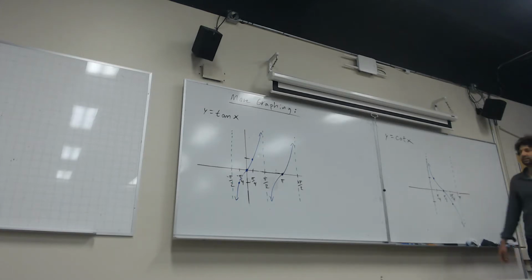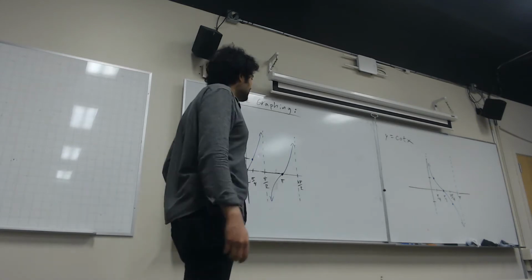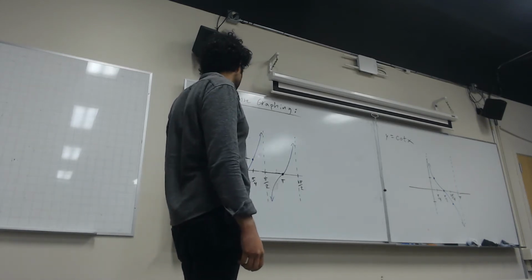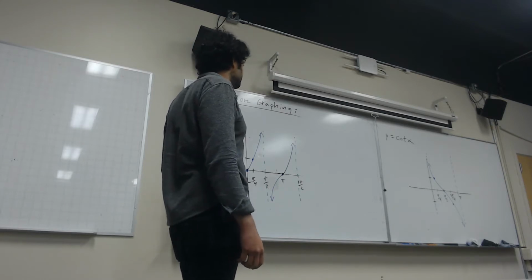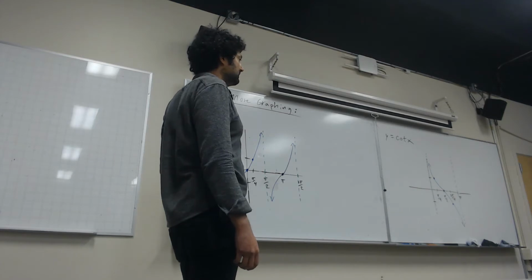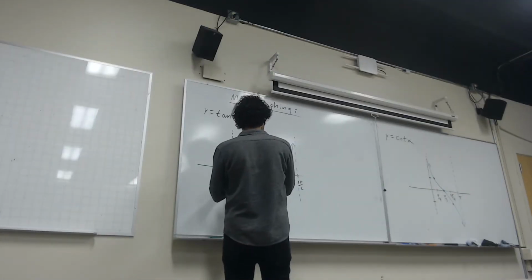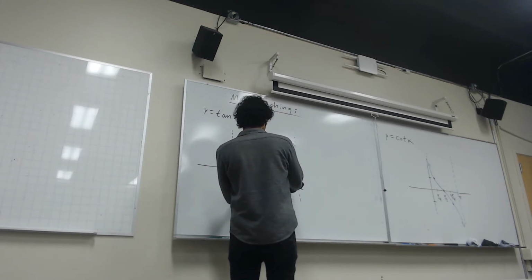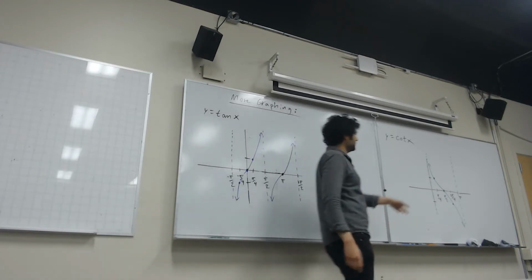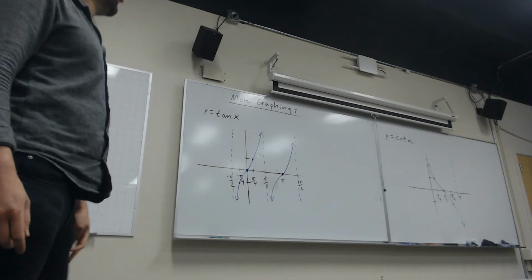Essentially, they're related like this: if you take the graph of tangent, shift it pi over 2 units to the right, and then flip it over the x-axis, you got cotangent. You see that? Shift it pi over 2 to the right, so the asymptotes also shift, and then flip it across the x-axis. You got yourself cotangent.